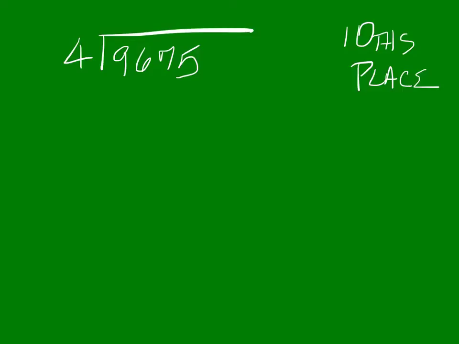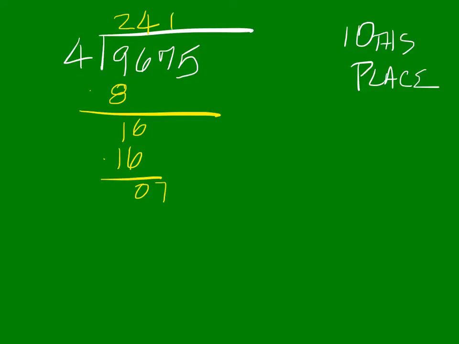On this problem, 4 goes into 9 twice for 8. And you have 1 left over. Drop the 6. 4 goes into 16 4 times. Nothing is left over, but drop the 7. 4 goes into that once, with 3 left over, and into 35 8 times, with 3 left over.